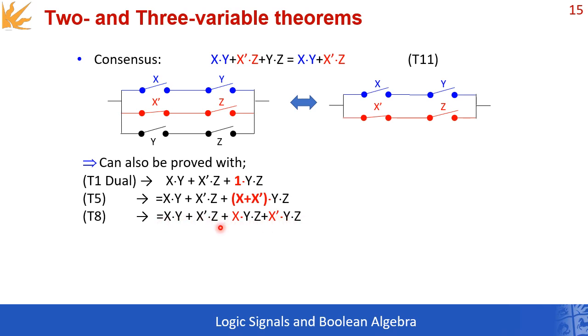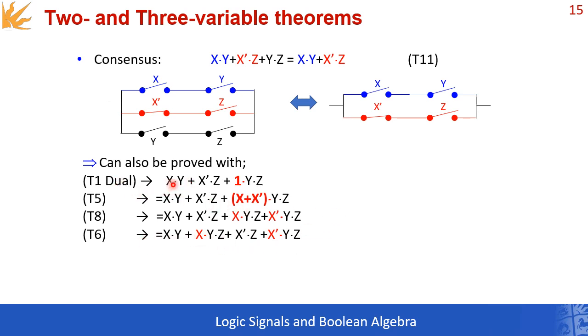Now pay attention at this point. Because of commutativity, or otherwise called theorem number 6, on this line you got x times y plus x times y times z plus negated x times z plus negated x times y times z.